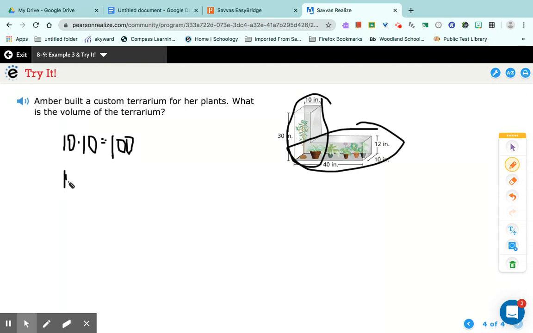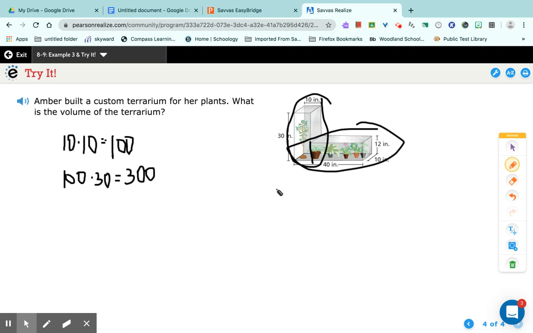So 100 times 30 equals 3,000. So that's the first one. And then we have 10 by 12, and we have to take that 10 off, so it's by 30. Okay, right? Because this would continue down.